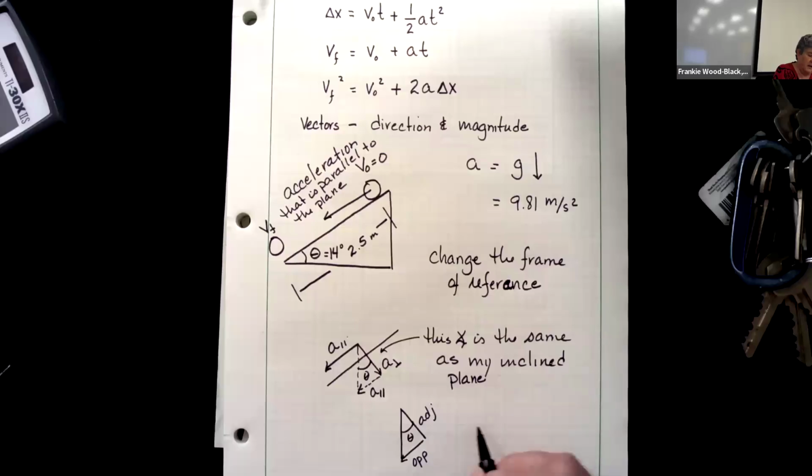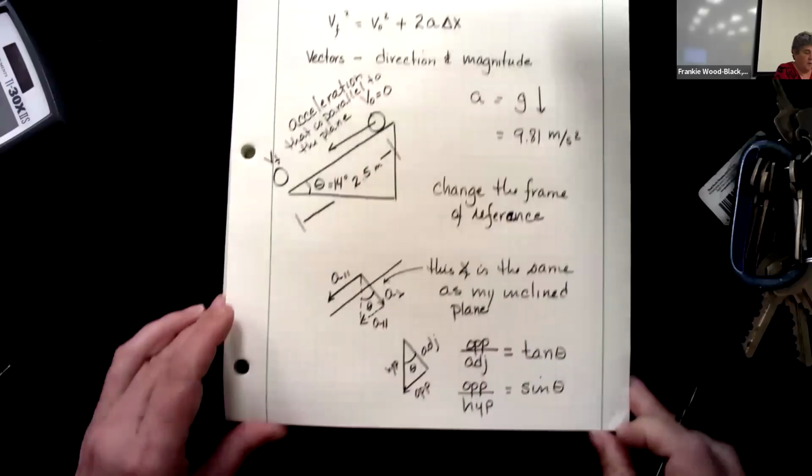Remember that opposite over adjacent is equal to the tangent of the angle. If I know my hypotenuse, the opposite over the hypotenuse is equal to the sine of the angle.